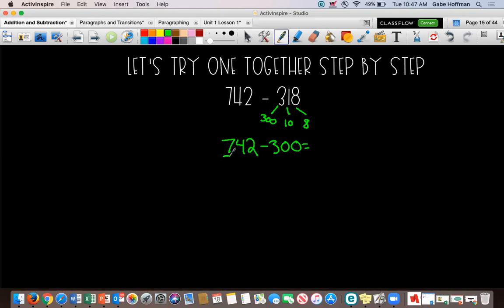Minus 300. I'm doing the hundreds place. 700s minus 300s. How many hundreds am I going to have left? 400. Yep, and my 42 stays the same because we're not subtracting any 10s or 1s. So 442. All right, who can tell me what I'm going to do next?